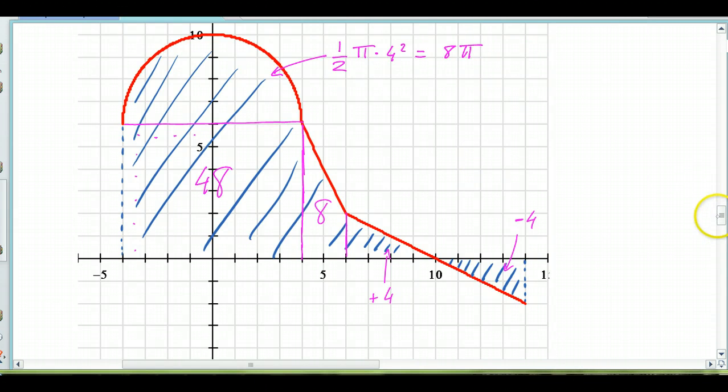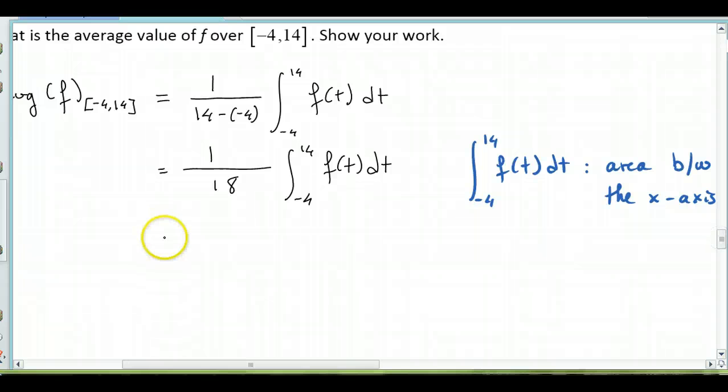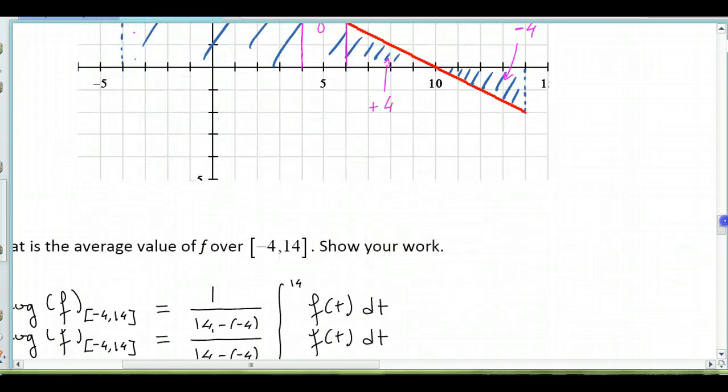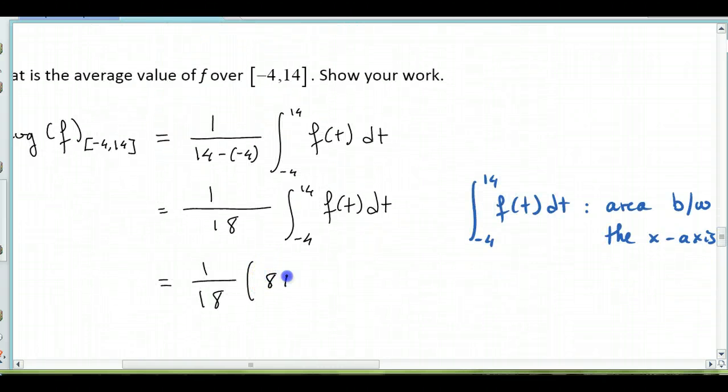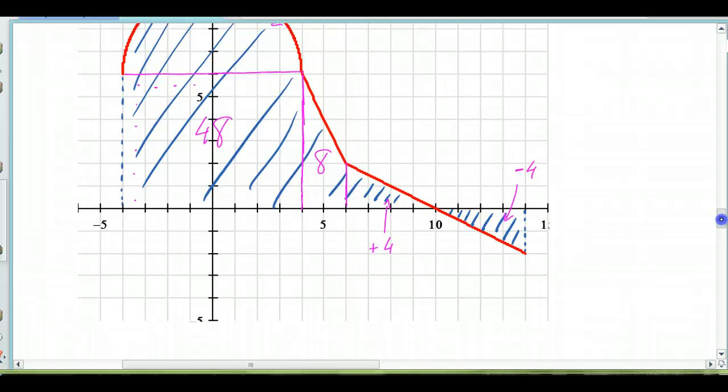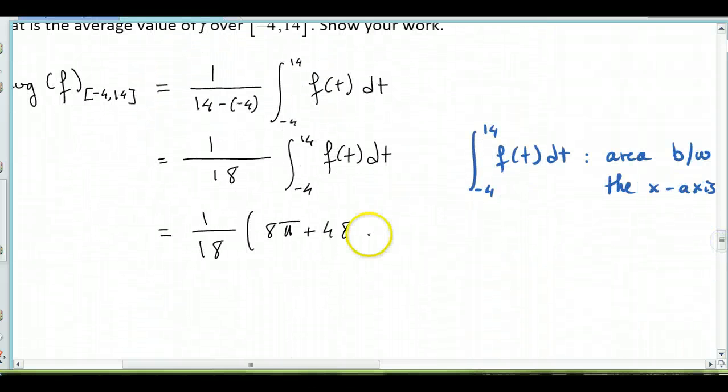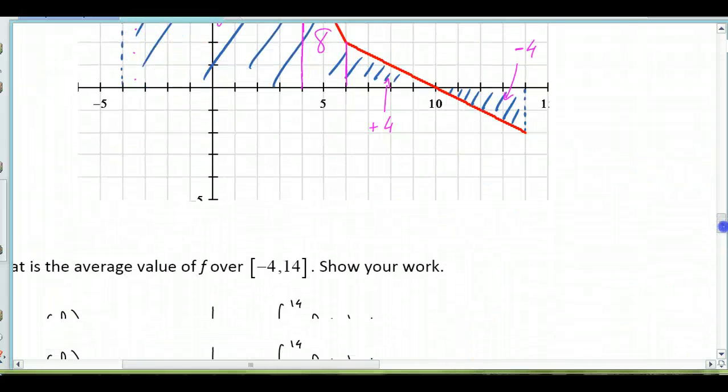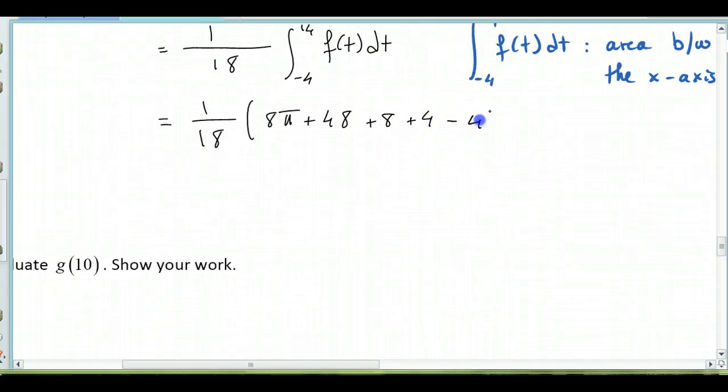Let's put it all together. Okay, so this is 1/18 times, times what? Times 8 pi plus 48. These are counted positive because they are above the x-axis. Plus 8 plus 4, and then -4 is the only piece left, right? -4. That's it. This cancels. 48 and 8, 56.